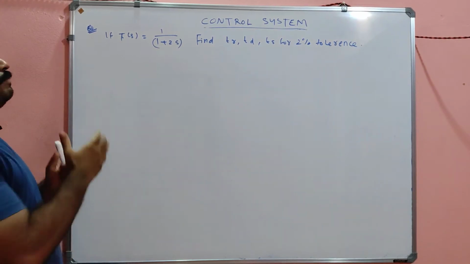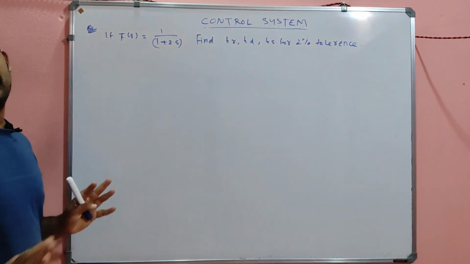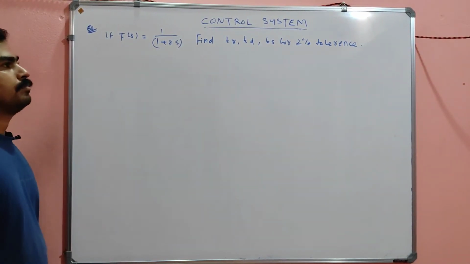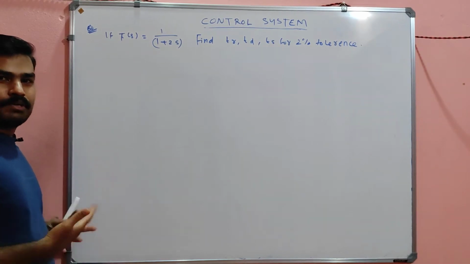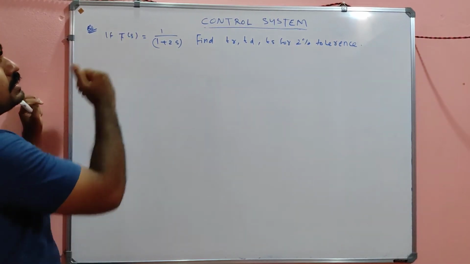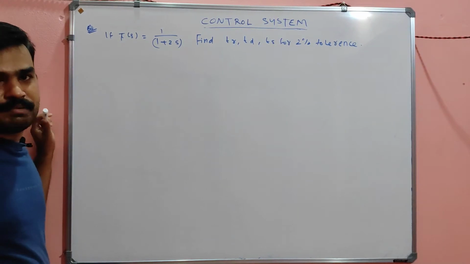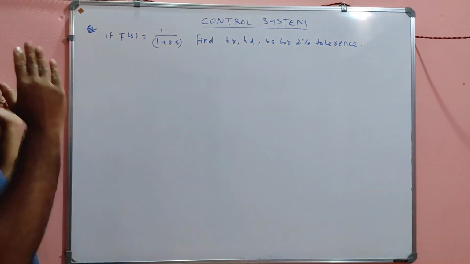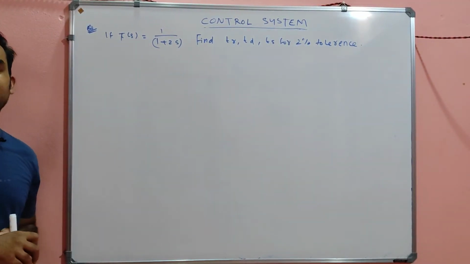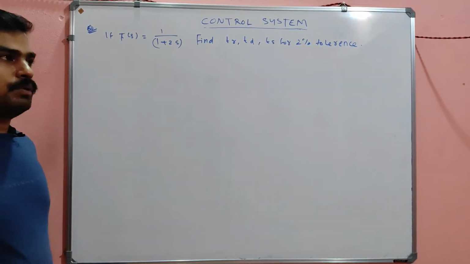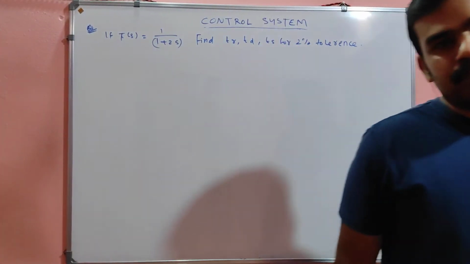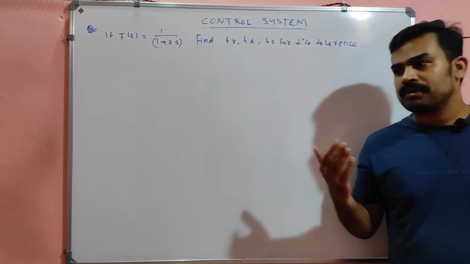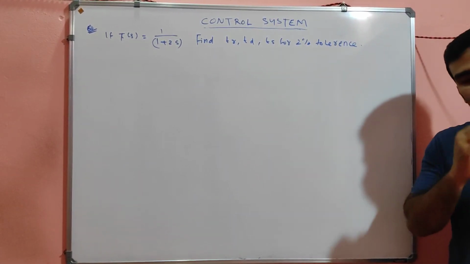If you have this question in your examination, you just studied first order systems, and you can see this is a first order system. How can we find it? Compare it with the standard transfer function. That is why I told you to remember it. The transfer function of the first order system is 1 divided by 1 plus s tau.